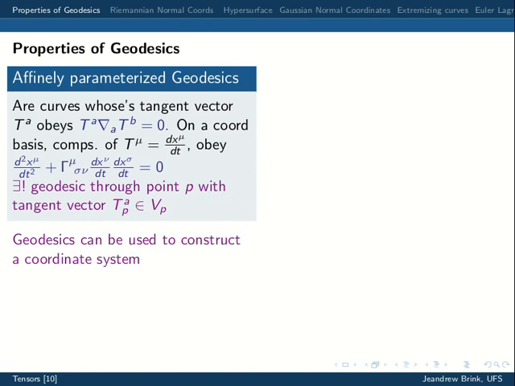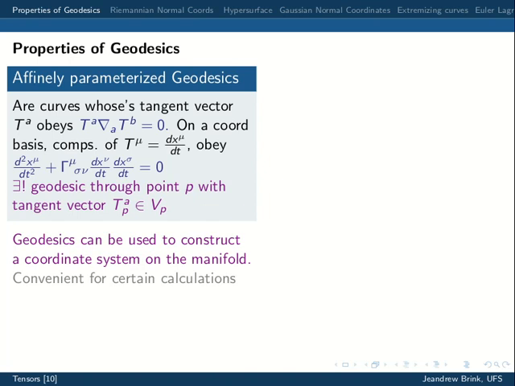One of the things that I guess Riemann used them for initially is they can be used to construct a coordinate system on the manifold, and that coordinate system has some very nice properties.